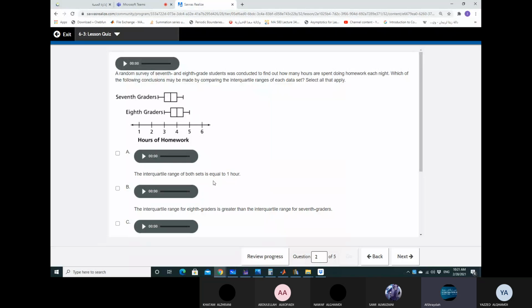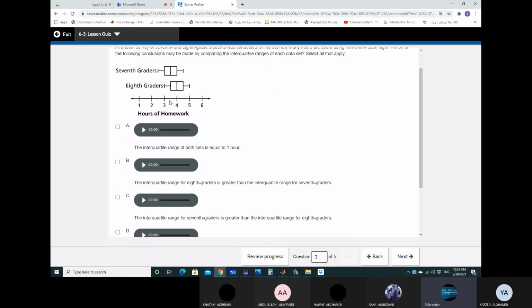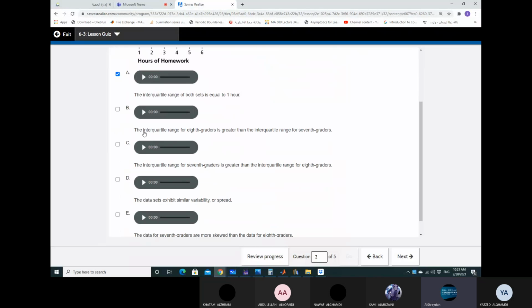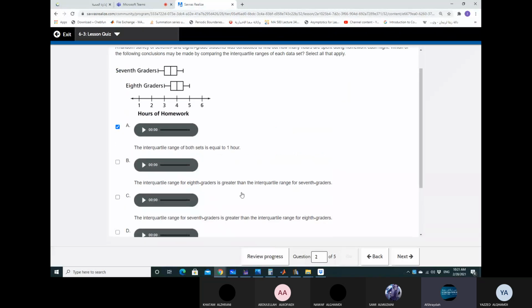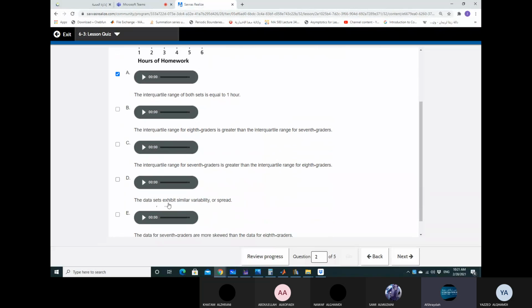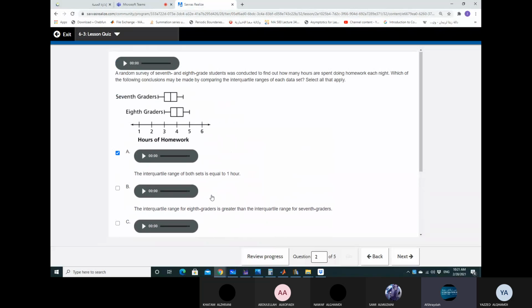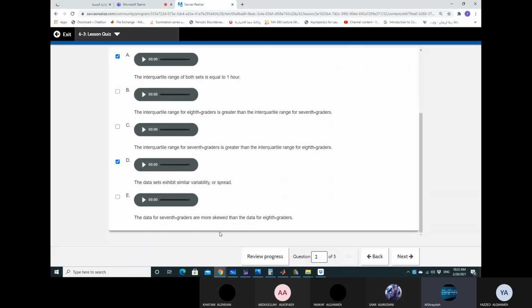Yes, I think equal to 1 hour because it's from 3.5 to 4.5, so it's 1 hour, and here from 3 to 4 it's 1 hour. So I think yes, we can conclude that. And the interquartile range for eighth is greater than that of seventh, no. The data sets exhibit similar variability, yes, because of the interquartile ranges and ranges also. And the data are more skewed, no.